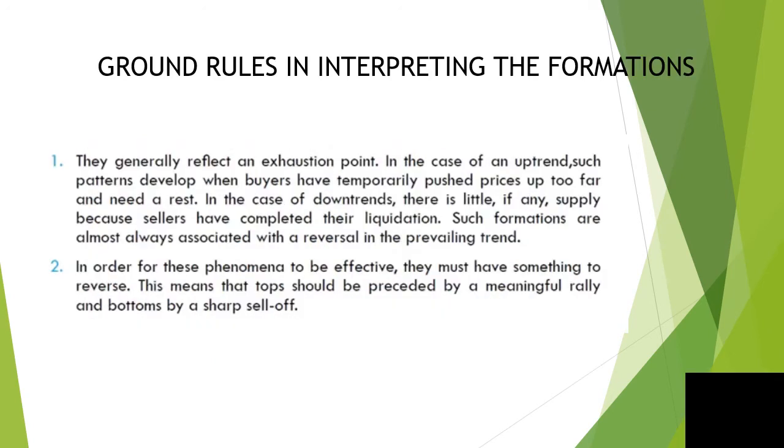There are some ground rules in interpreting the formations. The first one is they generally reflect an exhaustion point. For example, in the case of uptrend, the patterns develop when buyers have temporarily pushed prices up too far, and then they need a rest.